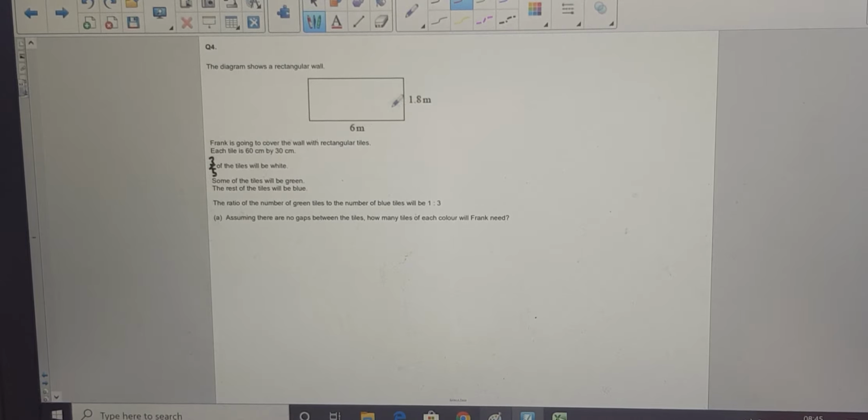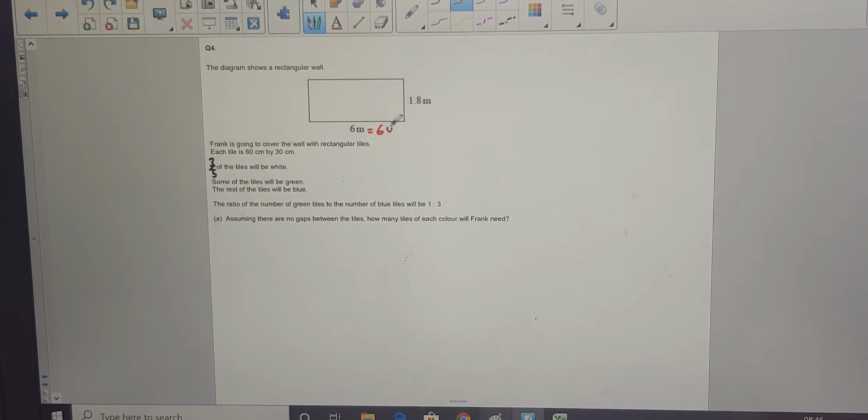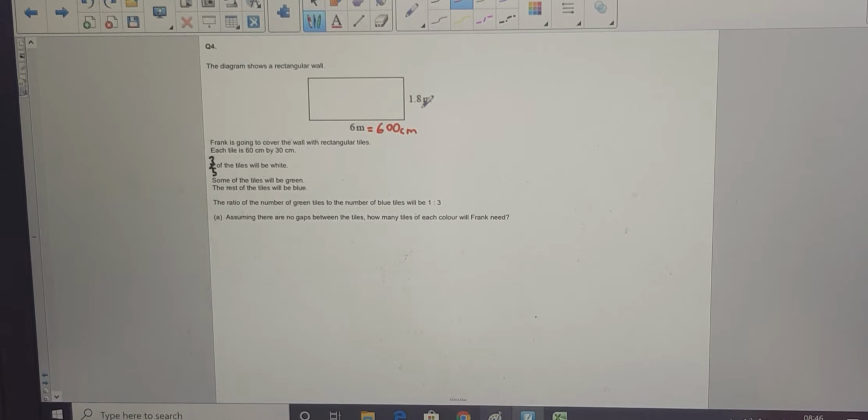Okay, so there are 100 centimeters in a meter, so this will be 600 centimeters. This will be 180 centimeters.